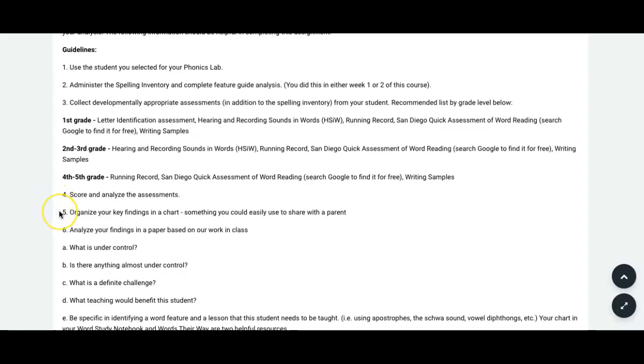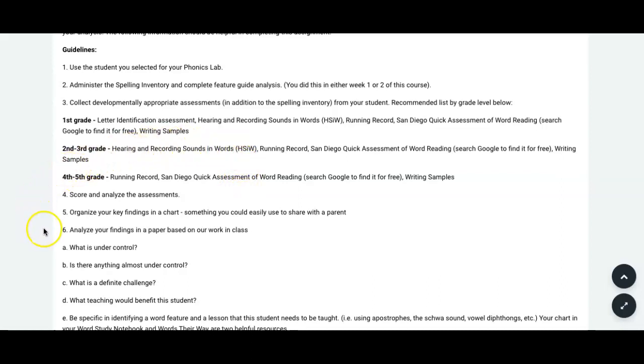You're going to need to create a chart or a graph of some kind that includes all of this data that you can use to explain the results to parents. It doesn't have to be elaborate. It just needs to be something that you have organized the information in and you could easily use with a parent.